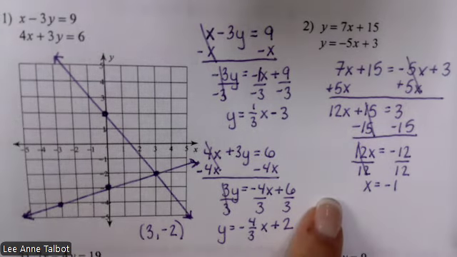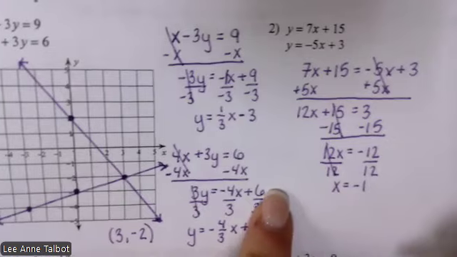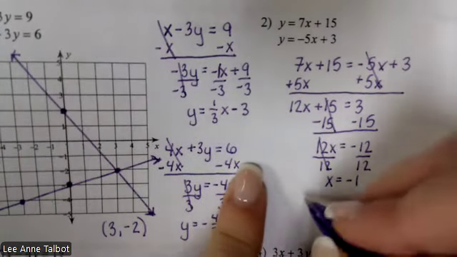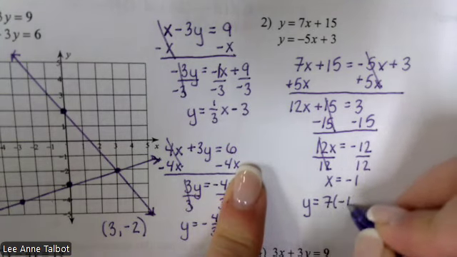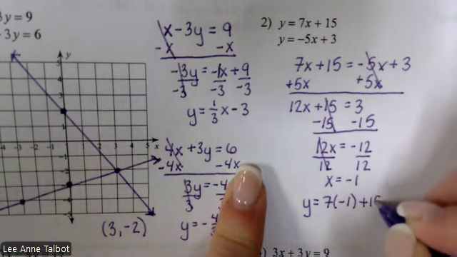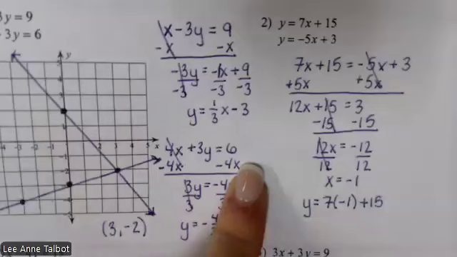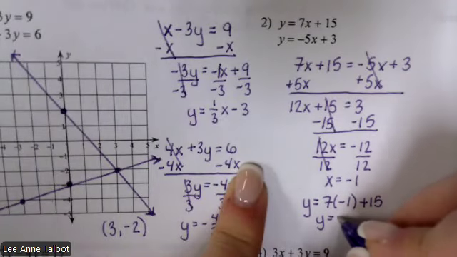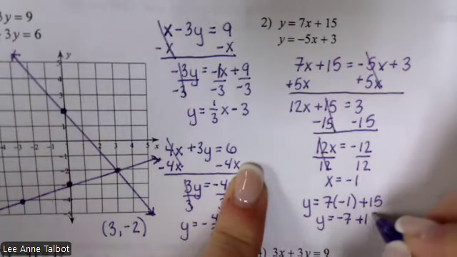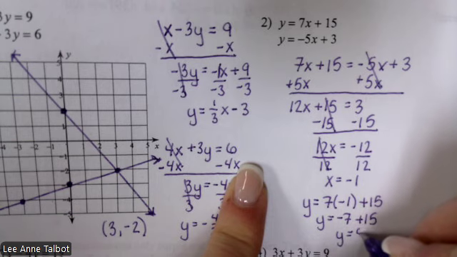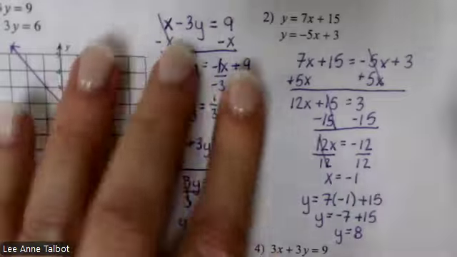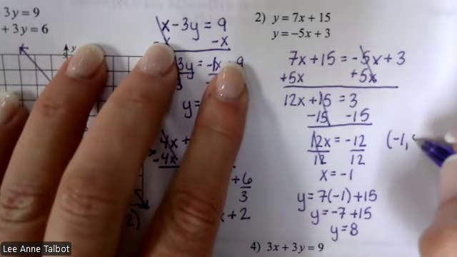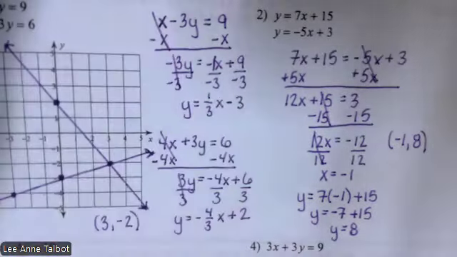Okay. Should we plug it into the top one? I don't know. It doesn't matter. Top. Okay. Y equals 7 times -1 plus 15. Final answer, -1, 8.